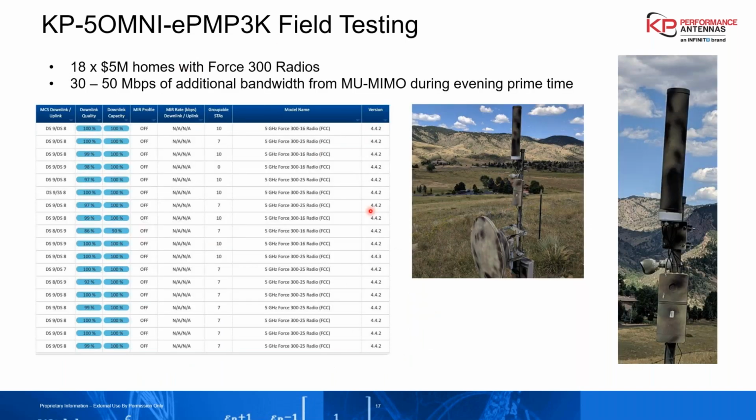This client is trying to serve about 18 homes, but very expensive homes, so they have high data rates, and he just wants to use one antenna. For his area, he had to paint everything camo because of strict architectural guidelines, and he was able to see a substantial increase in his bandwidth from MU-MIMO during the evening prime time.